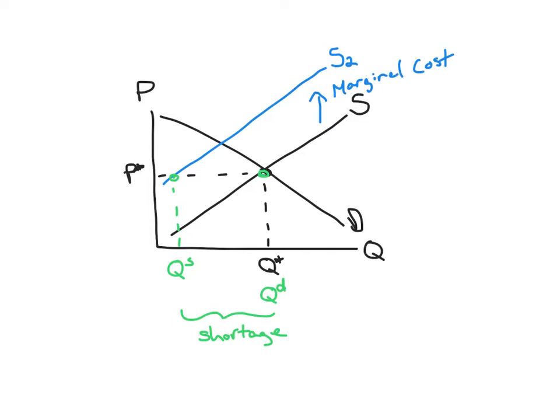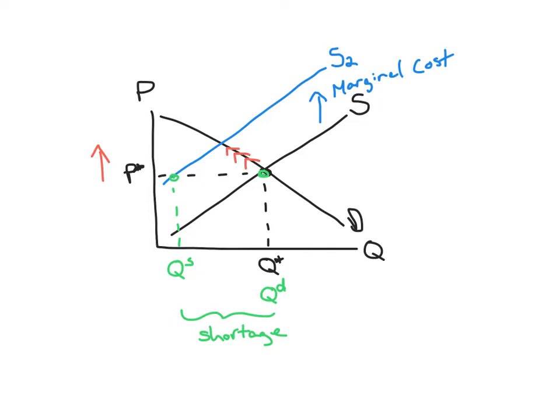What does a shortage do to the price of a product? It tends to drive up the price, and so as sweatshirts become more expensive, we're going to see some consumers cut back on purchasing them, so we have a decrease in the quantity demanded.